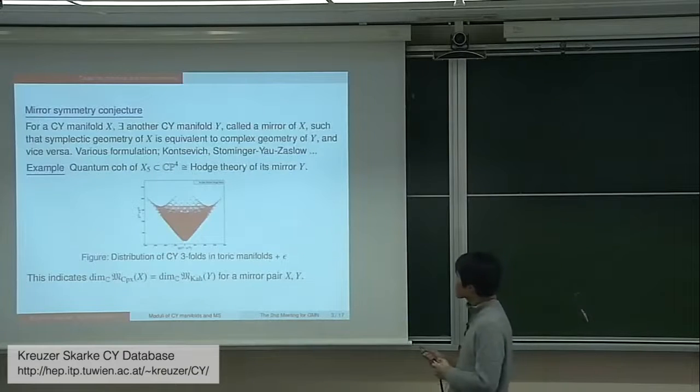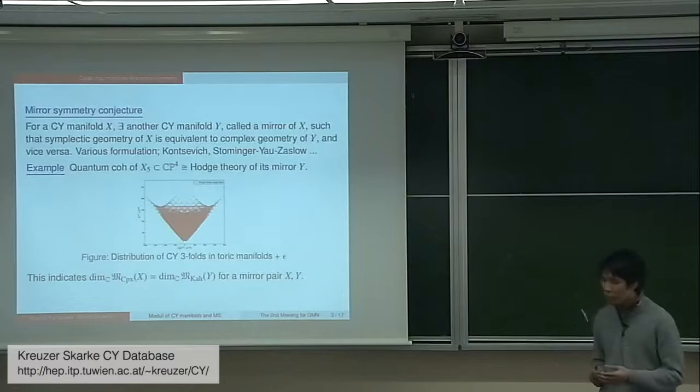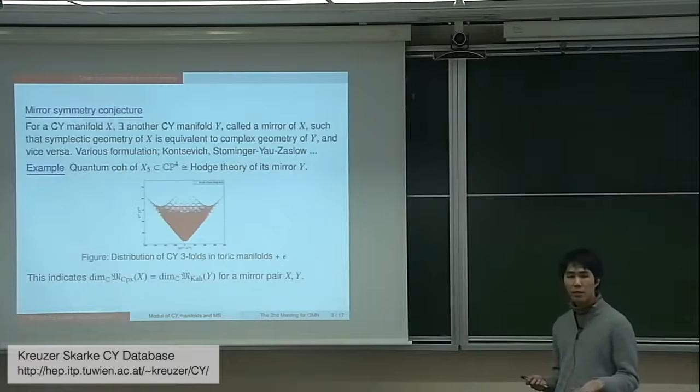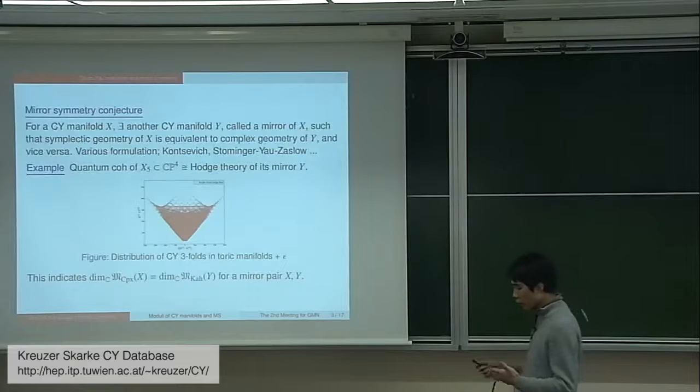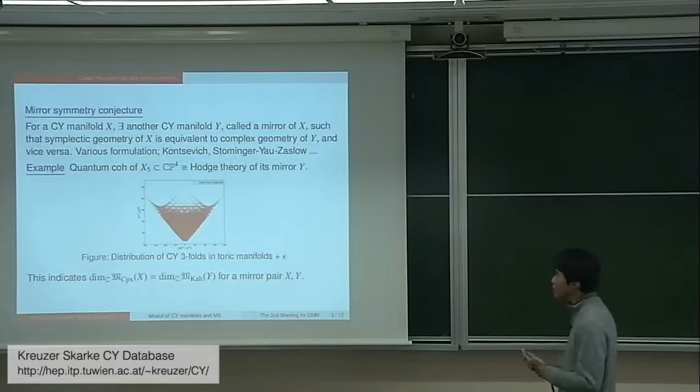Of course, you have to make sense of this equivalence. And there are many formulations. For example, Kontsevich's homological mirror symmetry, Strominger, Yau, Zaslow's dual integrable system formulation, and many others depending on the situation.